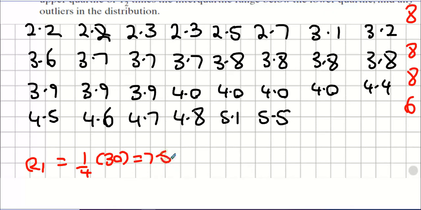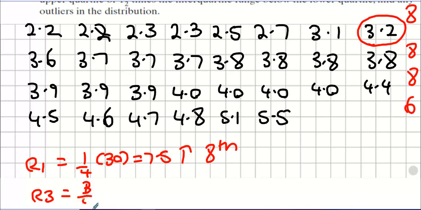And you always round up. So who am I looking for? 8. Who's 8? 3.2. Q3 is what, guys? What's Q3? Three quarters of 30, which is 22.5, which is 23. The 23rd.